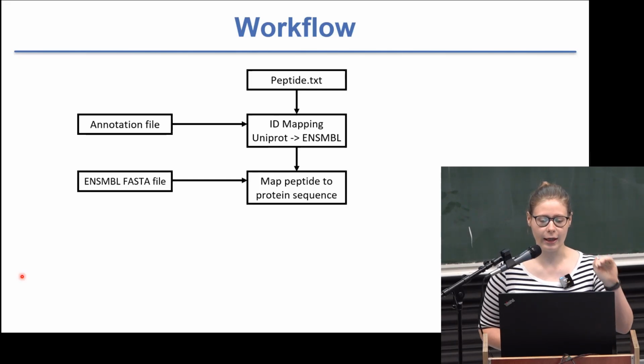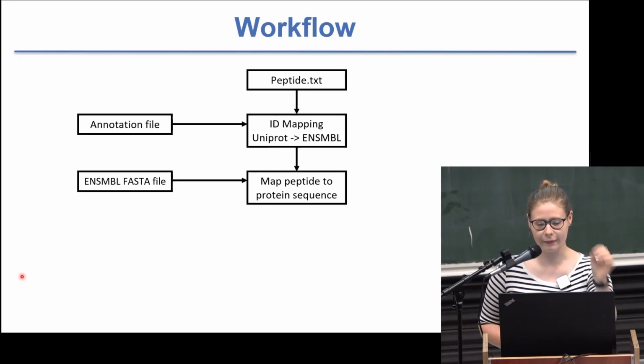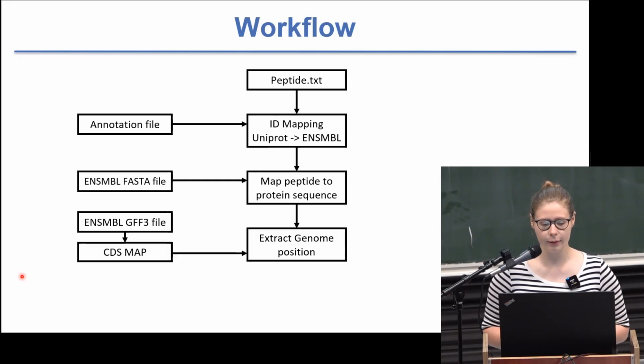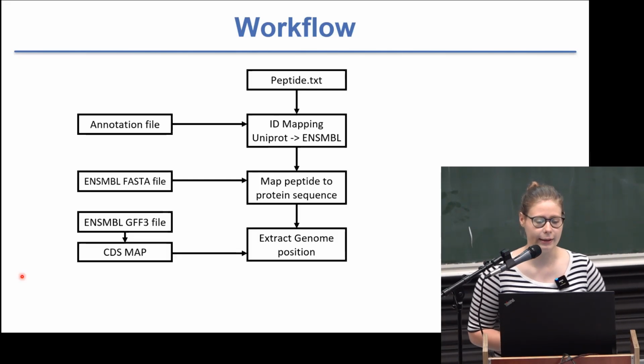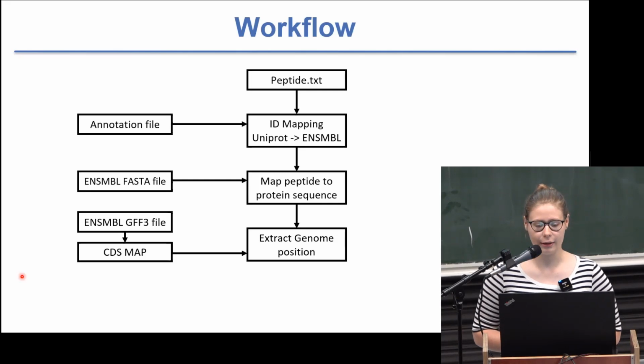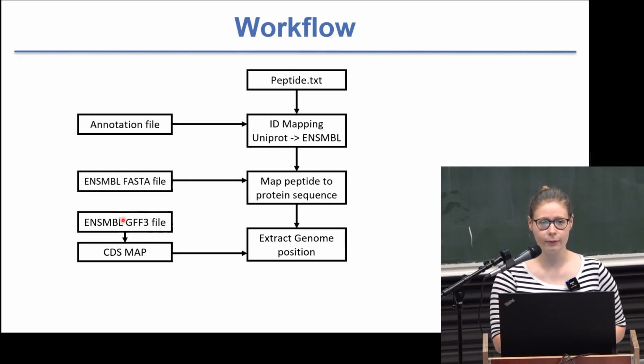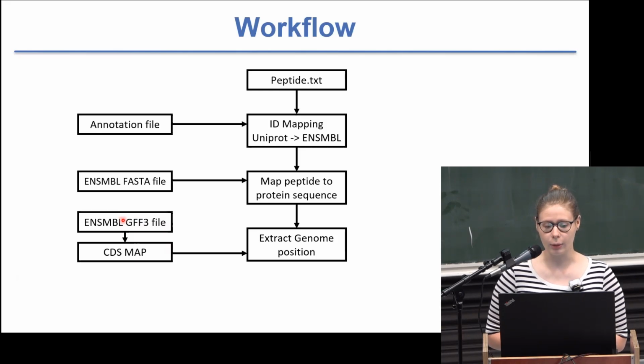I once again have to map the peptides to the protein sequence to know exactly where this peptide is in an Ensembl FASTA file. And then I also take an Ensembl GFF3 file. A GFF3 file is a file for genomic locations, and I make a coding sequence map, and that helps me to map the genomic positions.